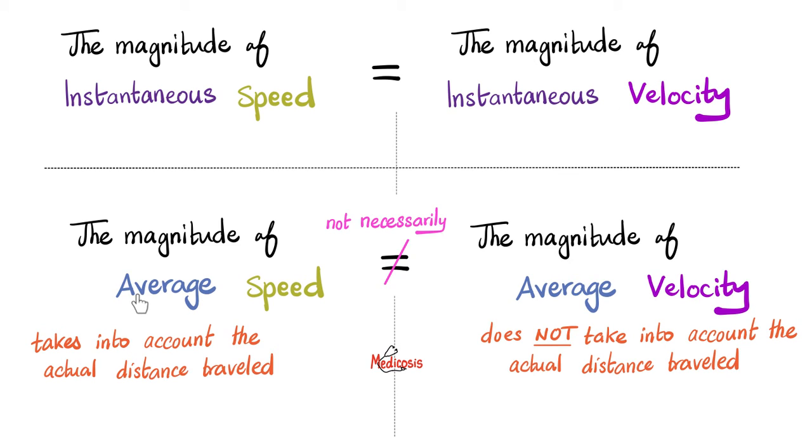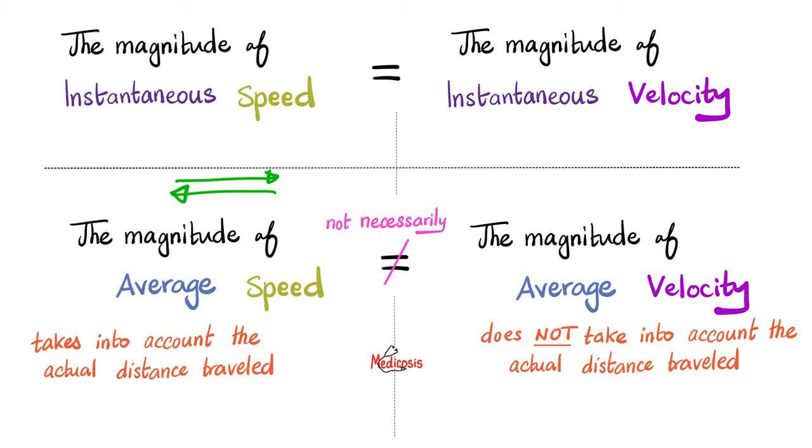However, the magnitude of average speed is not necessarily the same as the magnitude of average velocity. Why not? Because the magnitude of average speed takes into account all the actual distance that you traveled. Let's say that you traveled 5 kilometers east and then 5 kilometers west. The average speed will take into account the 5 kilometers and the 5 kilometers, or the 10 kilometers.